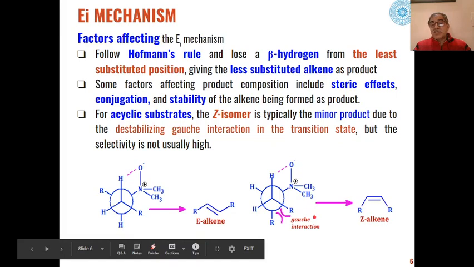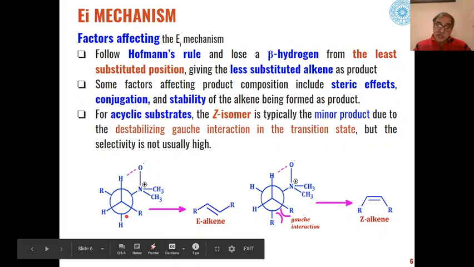Because you can see over here, in case of Z isomer formation, there is a gauche interaction between the bigger alkyl groups present at these positions, whereas in this anti-parallel position, both the bigger groups are not close to each other.